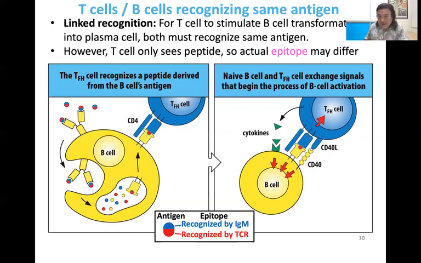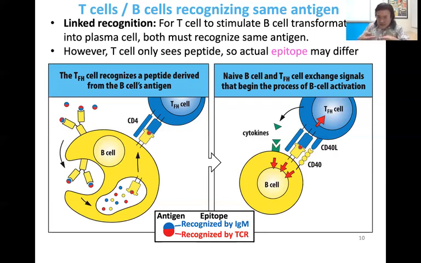Because remember, that's how this particular T cell is able to essentially say to this particular B cell that it's bound to, hey, these green triangle cytokines that I'm going to send out, these are meant for you and you alone, not another B cell in this picture that has a completely different immunoglobulin on its surface and therefore is not a B cell that you would want to activate in this situation. So this is what we call linked recognition between B cells and T cells.